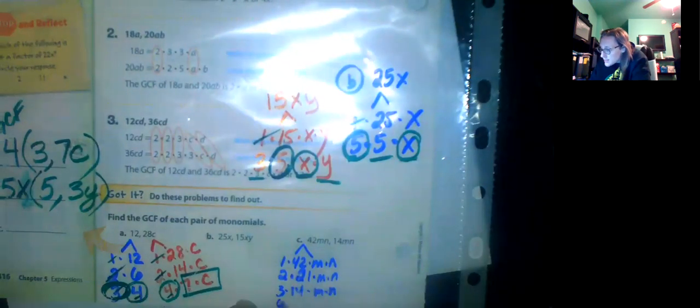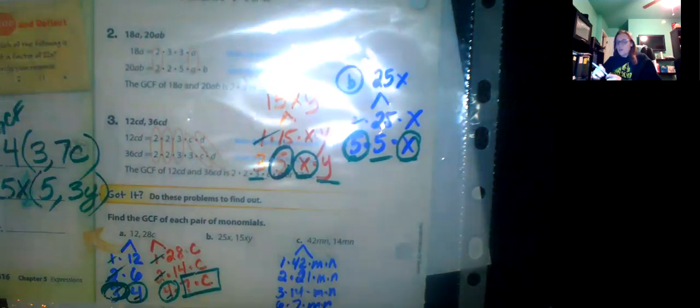Oh, that's not nice. 42 divided by 5. Oops. 42 divided by 5. Nope, that's not nice either. 42 divided by 6. Yep, that's a nice one. So 6 times 7 m n.